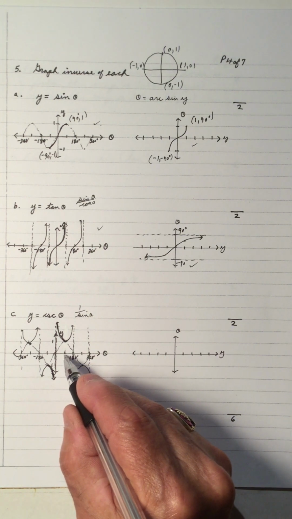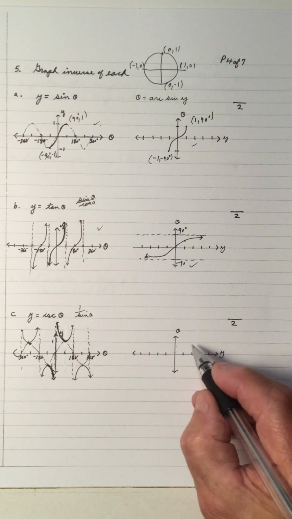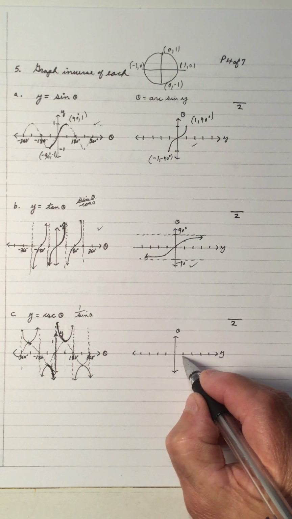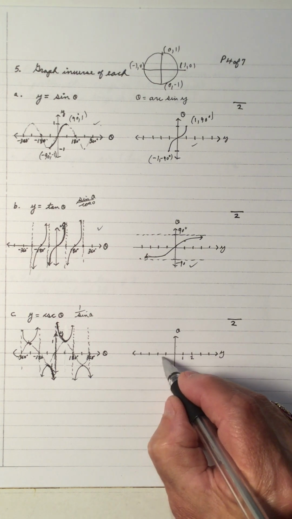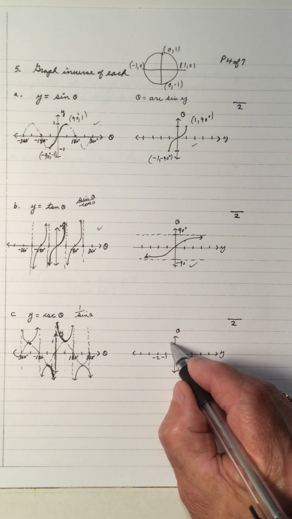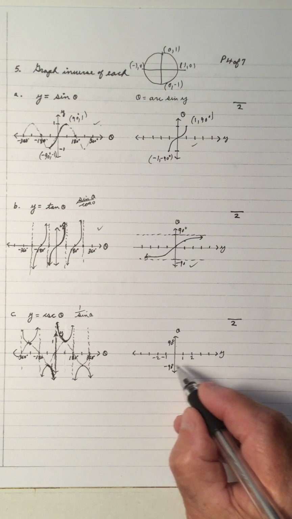That's a 90. So right here, that's a 90 and a 1. Right here, that's a 1 and a 2. That's negative 1, negative 2. And so right here we have 90 and negative 90.